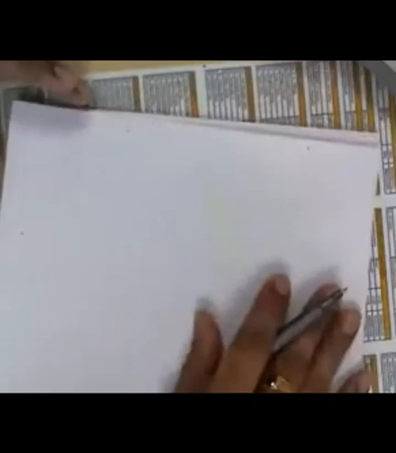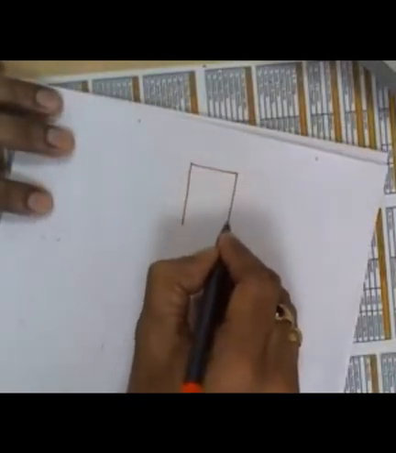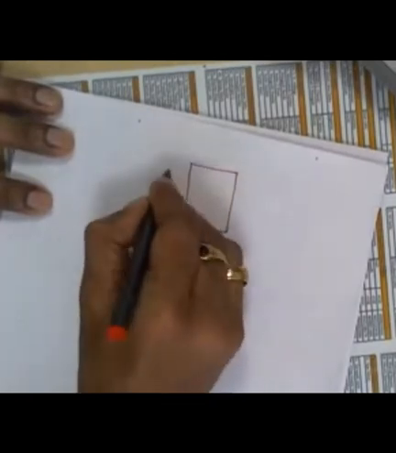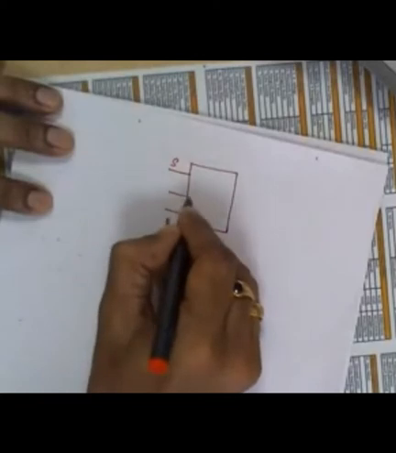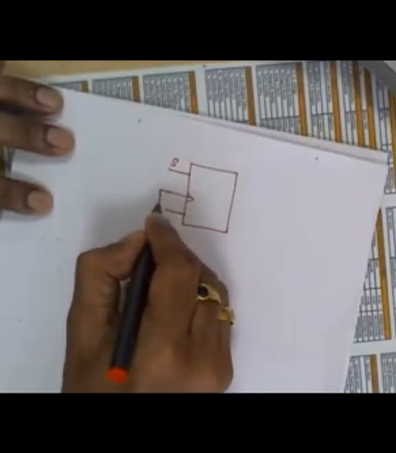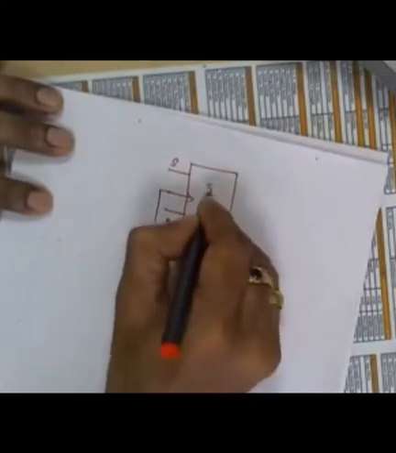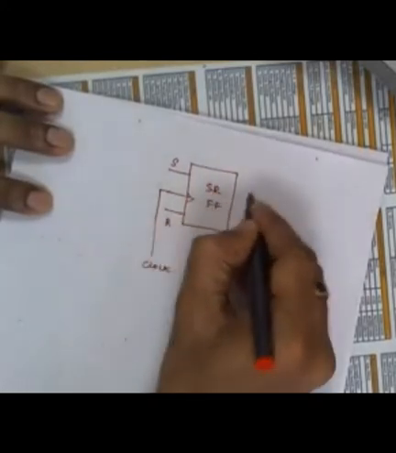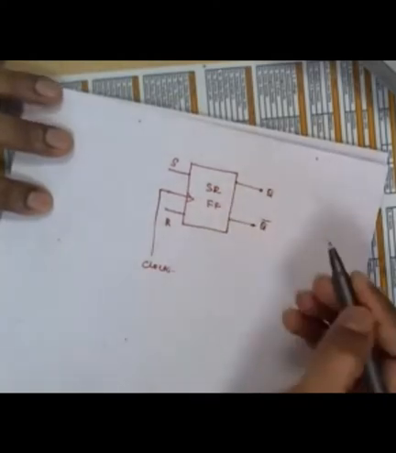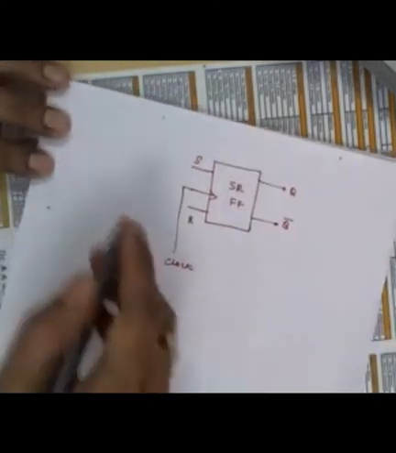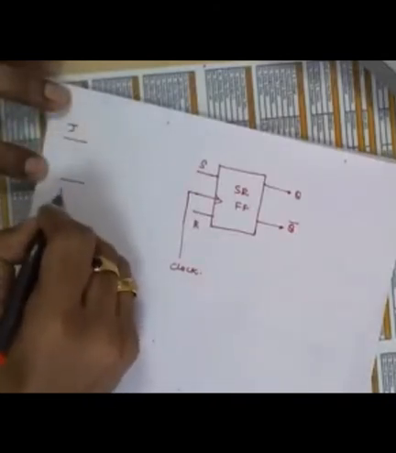As we have seen already, this is our SR flip-flop with the clock. Q is here, Q bar is here, and then our J is here and K is here.